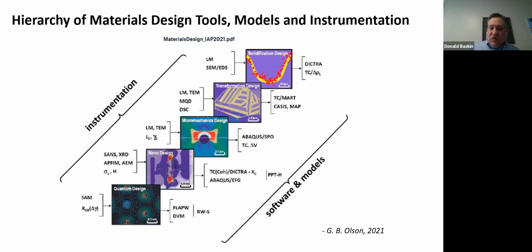It shows the computational tools you would use to do that on the right side, and on the left side, it shows some of the instrumentation you would use to make measurements at those different length scales. You might use X-ray diffraction at the atomic level, SEM, scanning electron microscopy, at the micro level, and at the macro level, where you might look at a casting cross section, you could just get away with optical microscopy. That's LM here, light microscopy. Here's my cursor. Here it is.